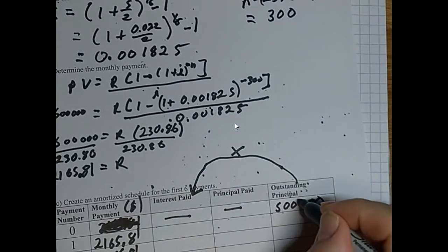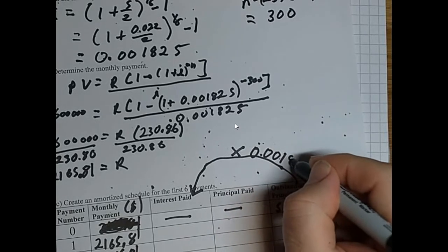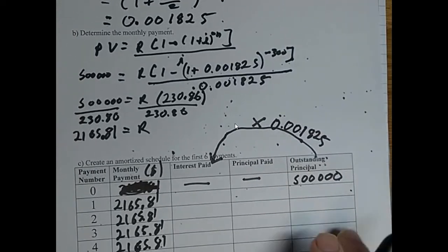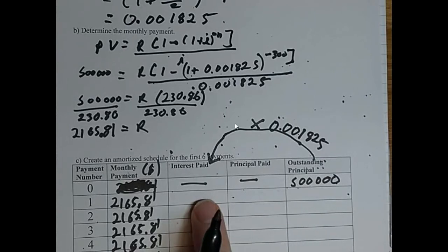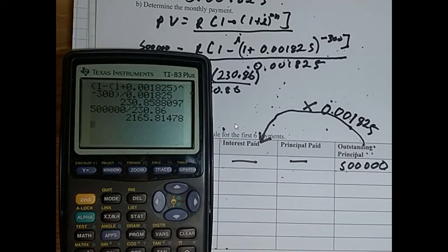Every single time, the number over here times 0.001825. So that's 500,123 times 0.01825.